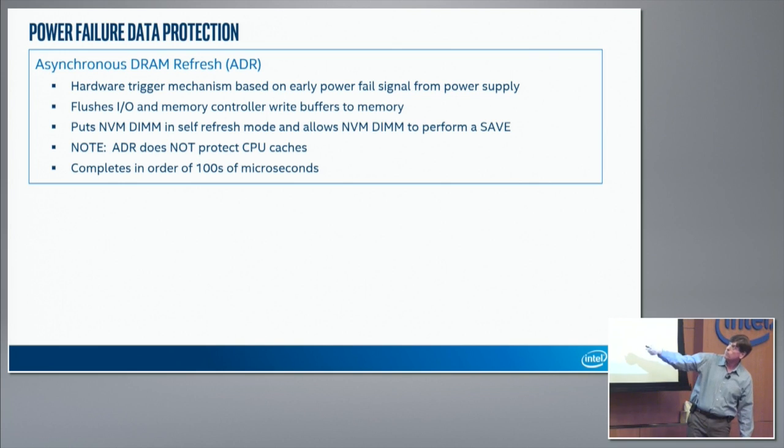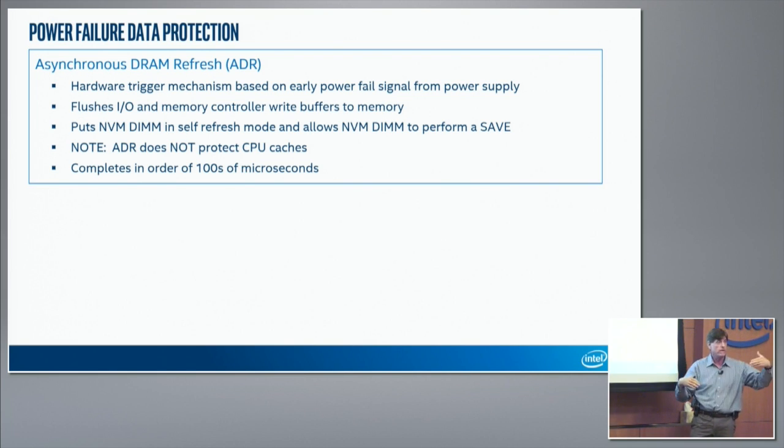Then we flush the IIO memory controllers out to, say, an NVM DIMM, some kind of non-volatile DIMM. The DIMM gets put into self-refresh, which then allows a hit on a save pin to save memory out.